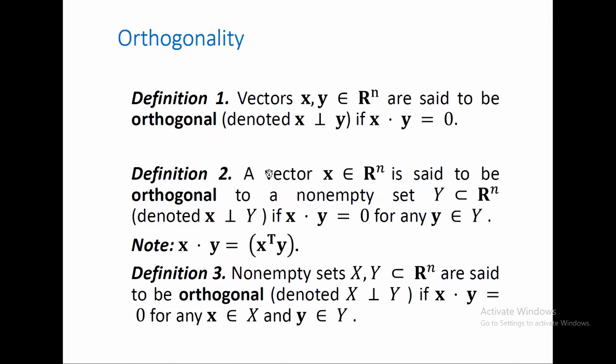The second definition is with respect to a vector x, which is said to be orthogonal to a non-empty set Y. Here we are considering a vector, and a non-empty set Y, which is a subset of Rn, whereas the vector x belongs to Rn.